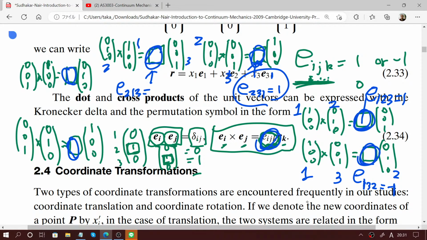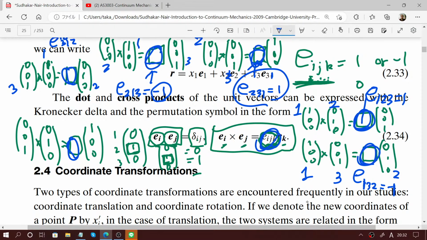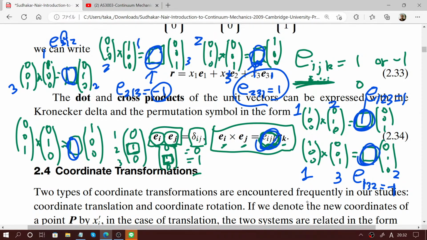You permute once. This is minus 1. This is 3, 1, 2. Epsilon 3, 1, 2 is 1. You can permute twice. When you permute, you change 1 and 3, then you change 3 and 2. So this is 1.